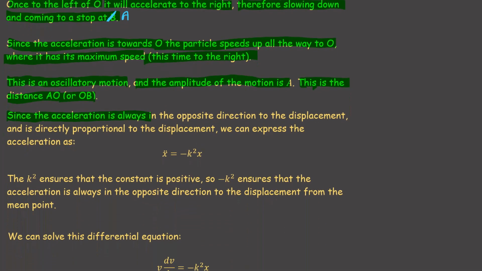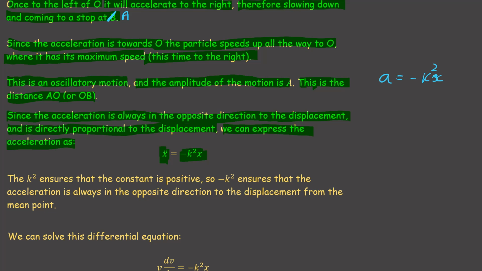Since the acceleration is always in the opposite direction to the displacement and is directly proportional to the displacement, we can express the acceleration as x double dot, which is the acceleration, is negative k squared x. So you might think of that as being a is negative k squared x, but we write this as x double dot, which is a way of writing d2x dt squared, which we know is acceleration.